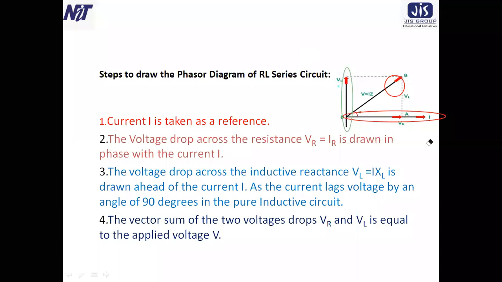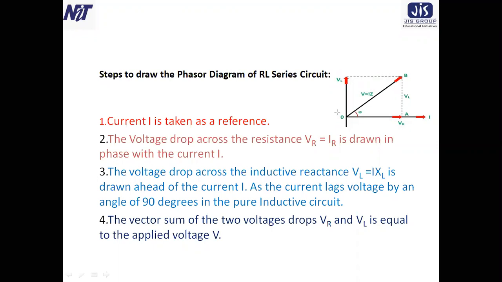Now the voltage drop across the resistance, VR equals IR, is drawn in phase with the current I. We know that for a purely resistive circuit, the voltage and current always lie in the same phase.